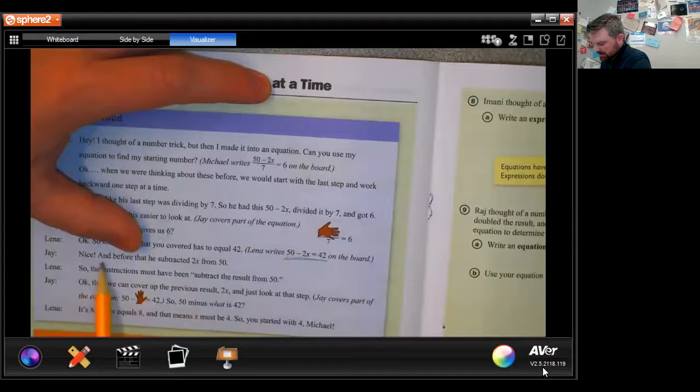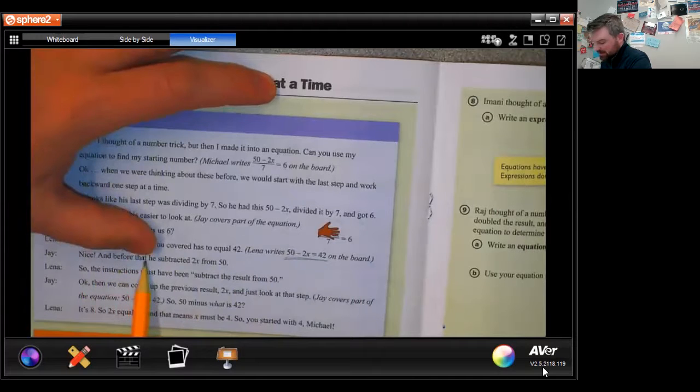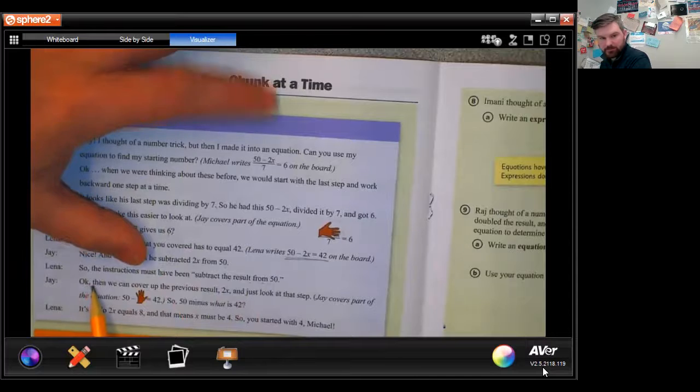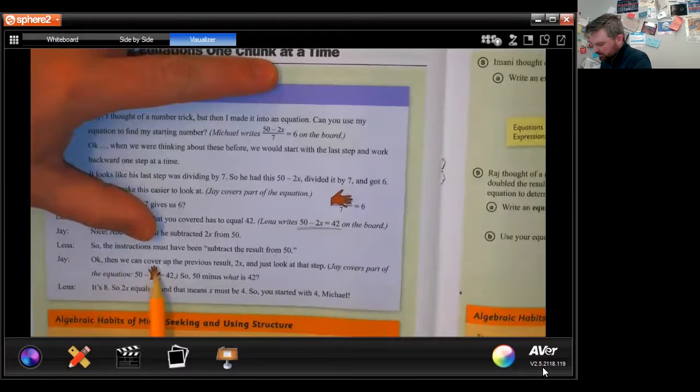Jay says, nice. And before that, he subtracted 2x from 50. So the instructions must have been subtract the result from 50. Then we cover up the previous result, the 2x, which he did down here, and just look at that step.